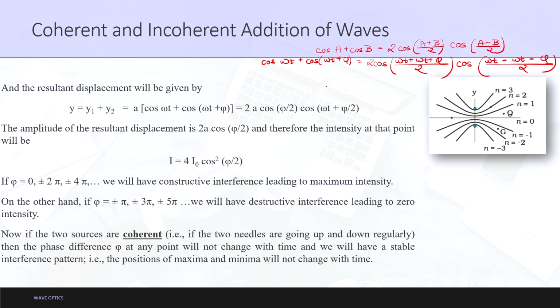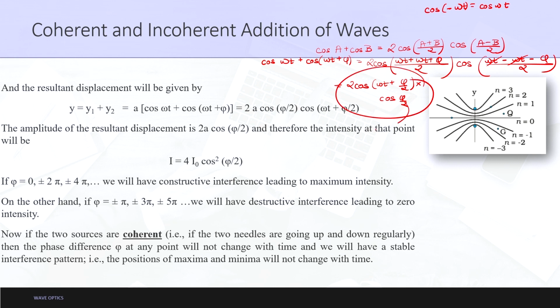So 2 cos of omega t plus phi by 2 is the first factor, and in the second factor, omega t is cancelled, and we also know that cos of minus anything is equal to cos of that thing, hence cos of minus phi by 2 is nothing but cos of phi by 2.